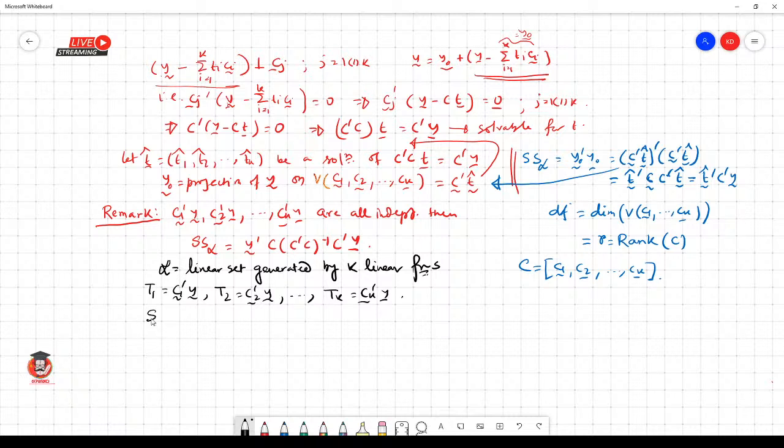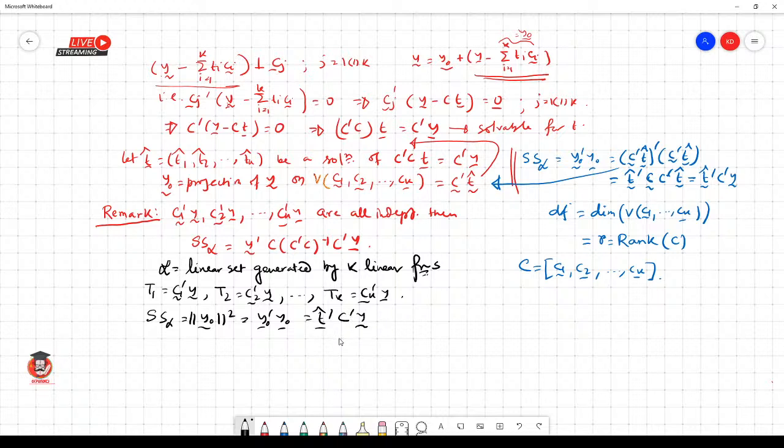SS due to script V is equal to y naught curl whole square, this is y naught curl prime y curl equal to t curl prime hat c prime y curl.